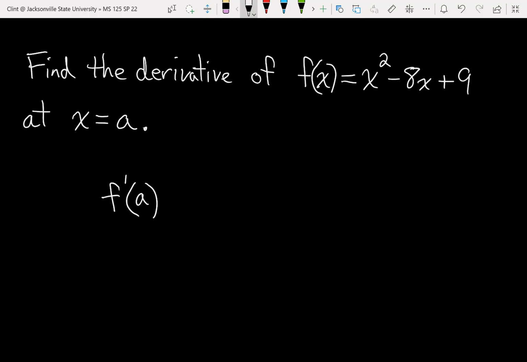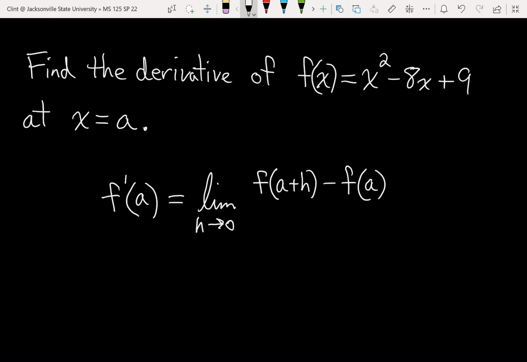Our definition, using the one with the h, says it's the limit as h approaches 0 of f of a plus h minus f of a, over h.